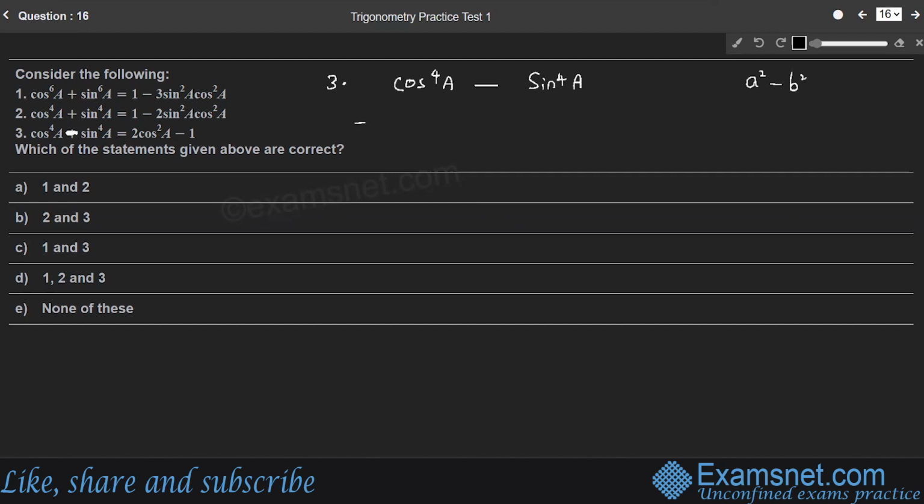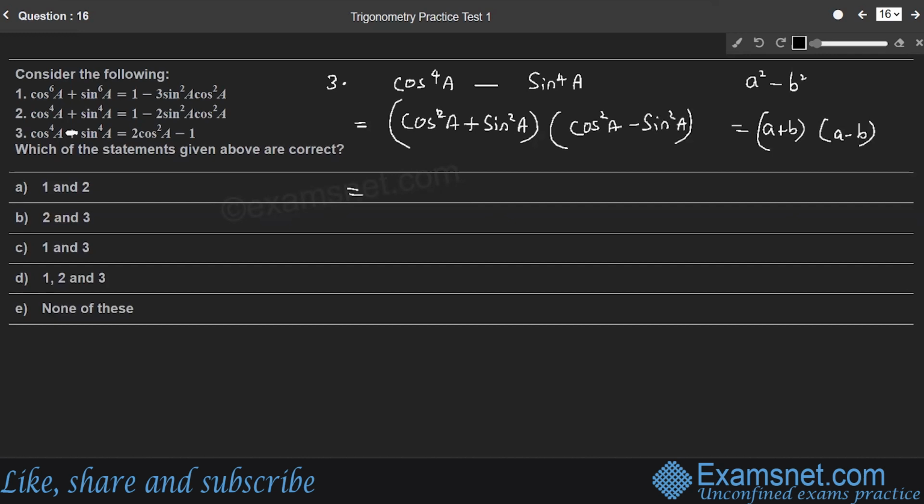So we can write it as (a plus b) into (a minus b). Here a is cos square A and b is sin square A. So (a plus b) into (a minus b), cos square A minus sin square A. So the first term is equal to 1 into (cos square A minus sin square A).